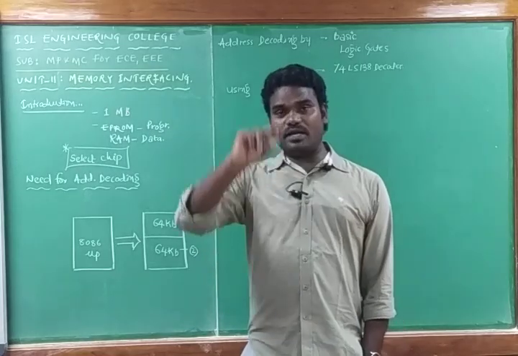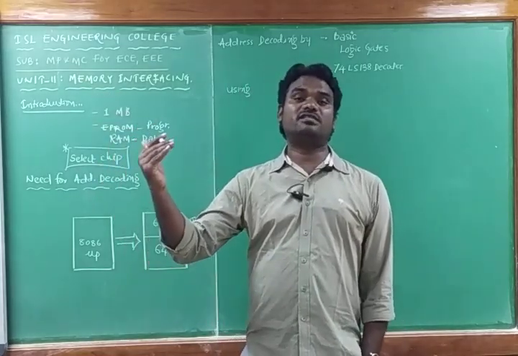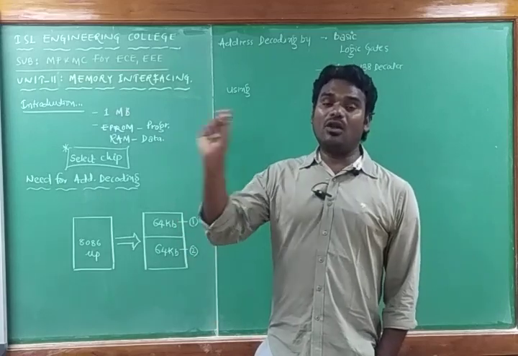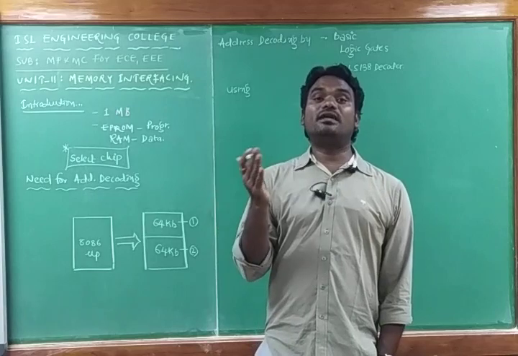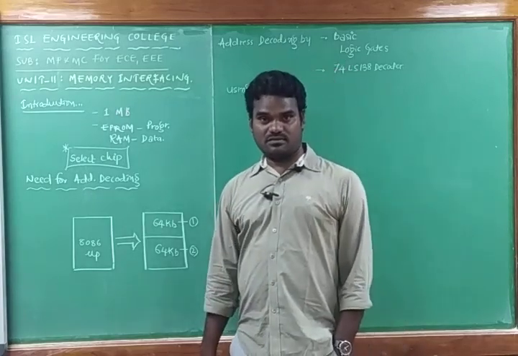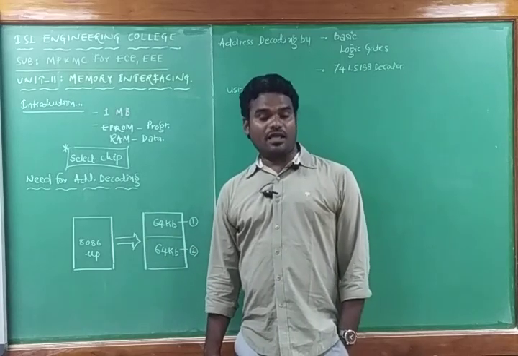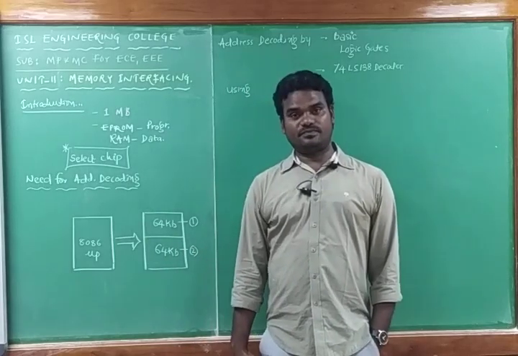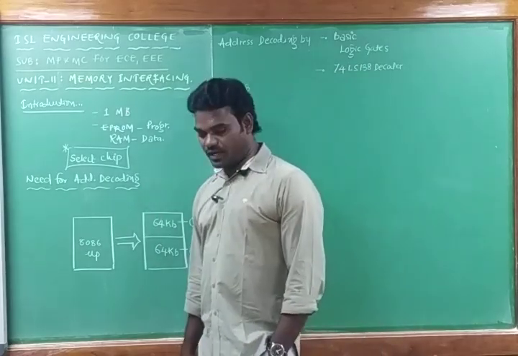So one particular location among these 10,48,576 locations will be selected based on the address sent by the processor, and from that location data or instructions can be fetched. This is the need for the address decoding.